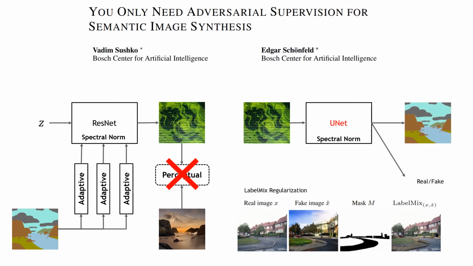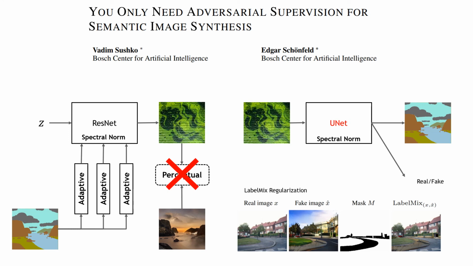And all the previous work more or less relies on this perceptual loss to stabilize the training. In this recent paper, you only need adversarial supervision for semantic image synthesis. They found that they can remove this perceptual loss if they use a UNet as a discriminator.